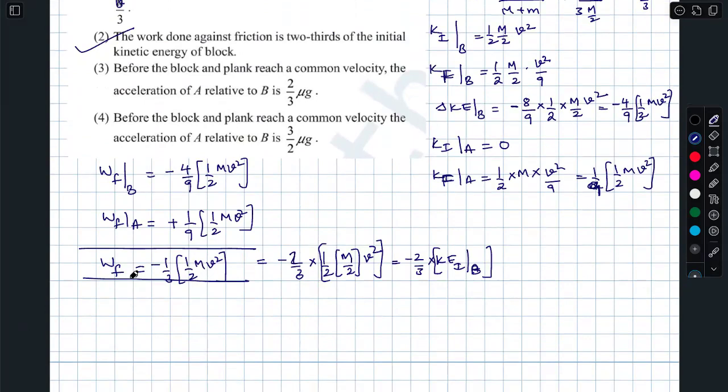Work done by friction, against friction means this is by friction. This is work done by friction. But against friction is plus 2 by 3 times the kinetic energy initial of B.